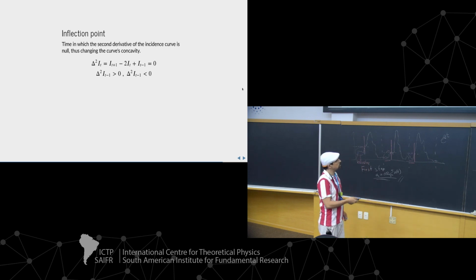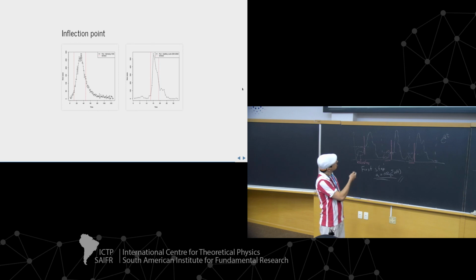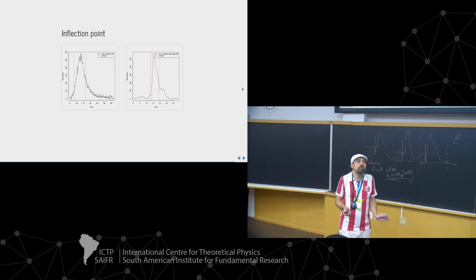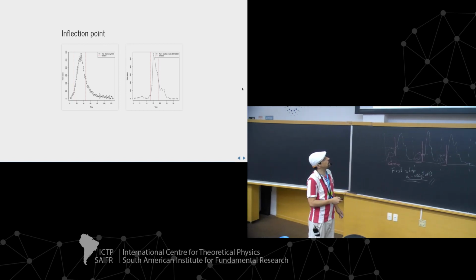This could affect my inflection point estimation. Okay? But in principle, I could use it and it would lead more or less to the same idea behind the definition of an epidemic threshold.